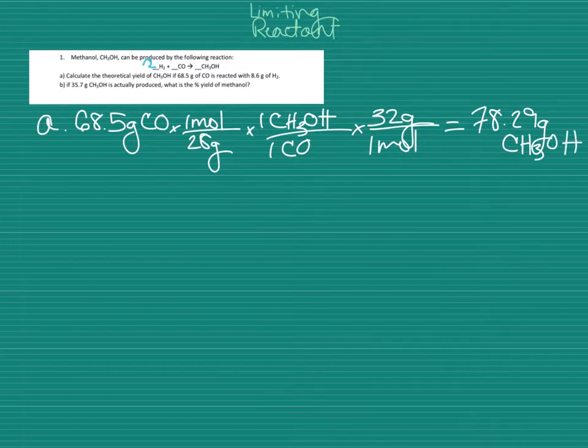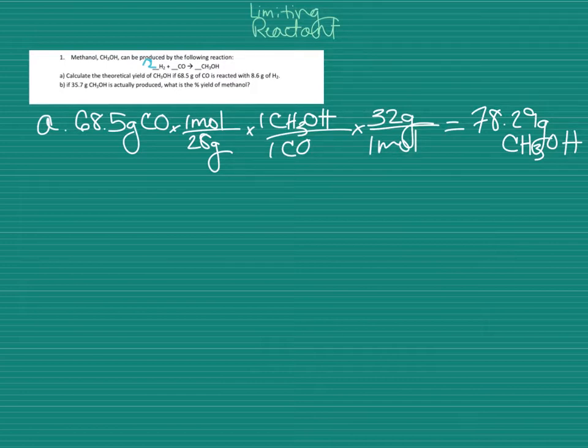So that's 1 phase. Now we need to do the same thing with the hydrogen reactant in order to see, of those 2, which one can make less methanol. Because whichever one can make less methanol is going to run out first, right?